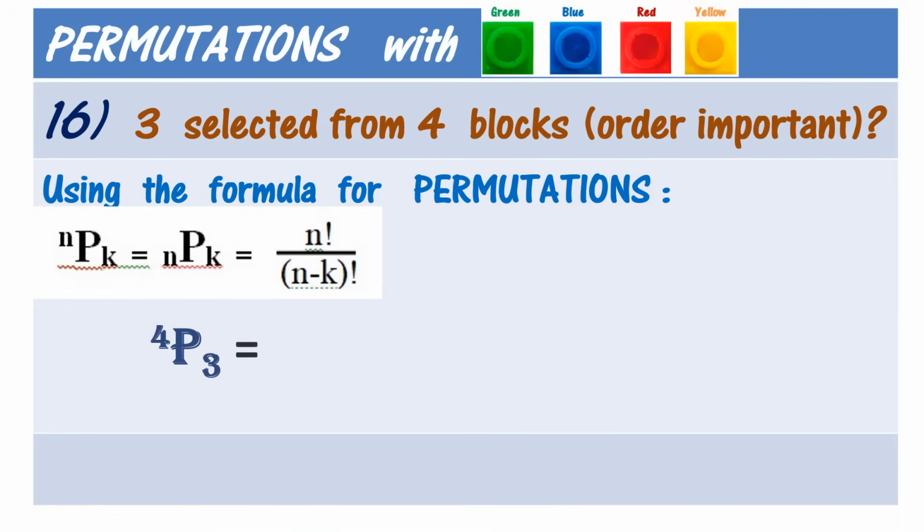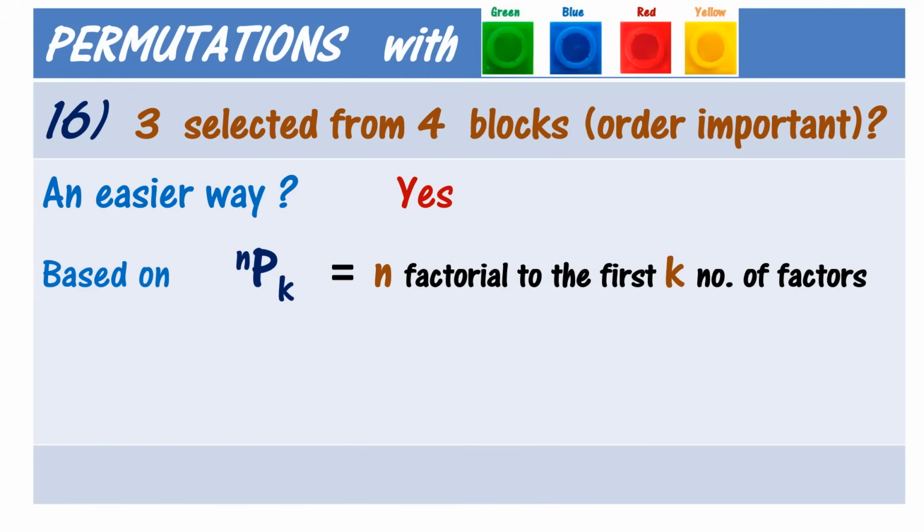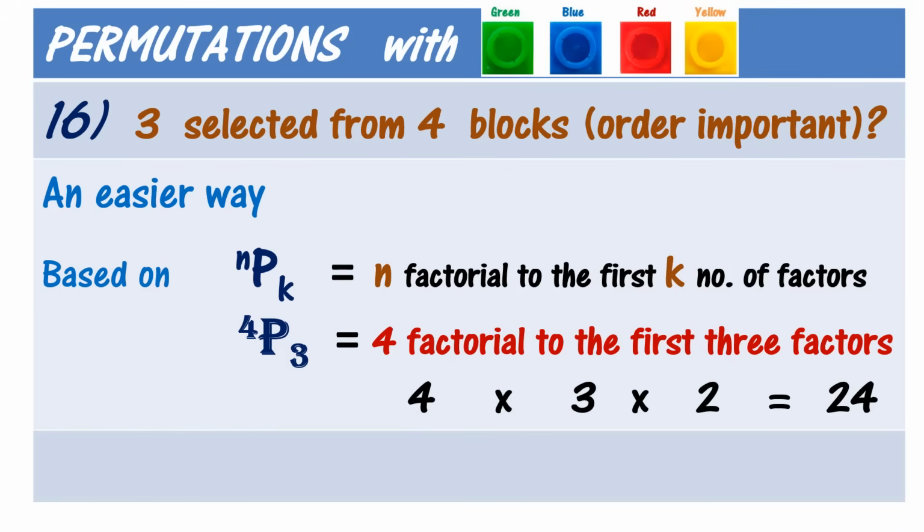First, we'll use the formula. And the answer is 24. But I use the easy way. N factorial to the first k number of factors would be 4 by 3 by 2, and the answer is 24.